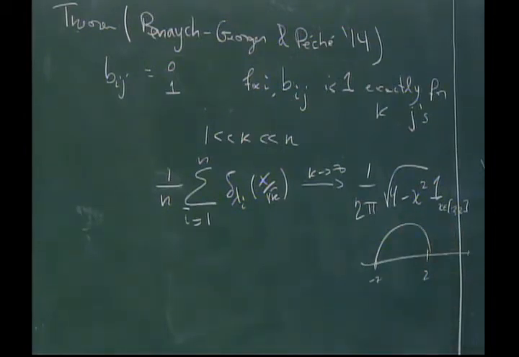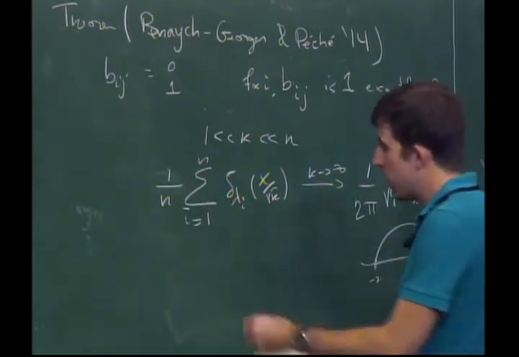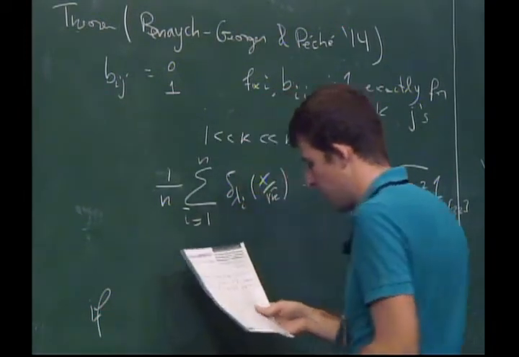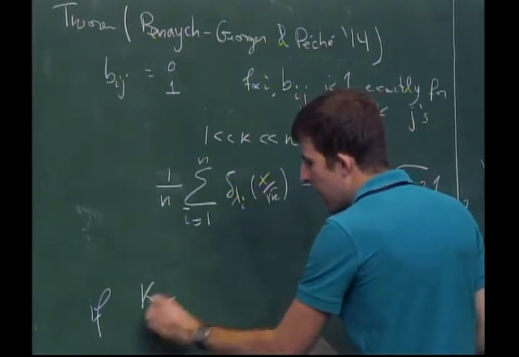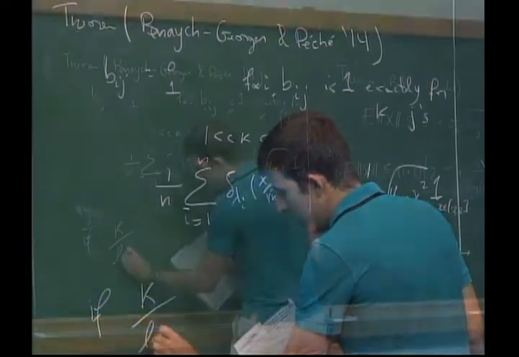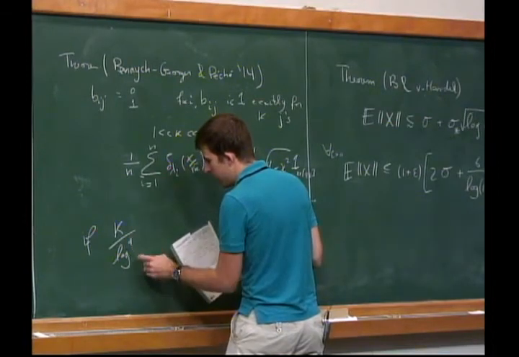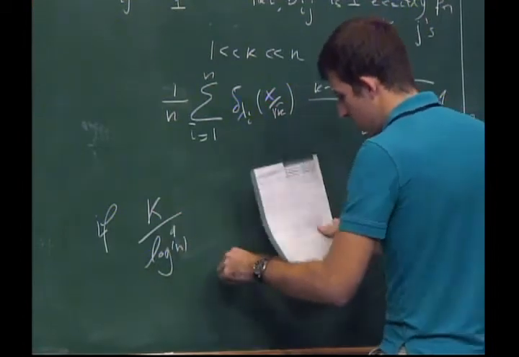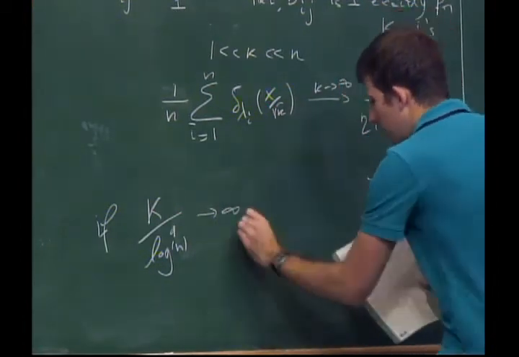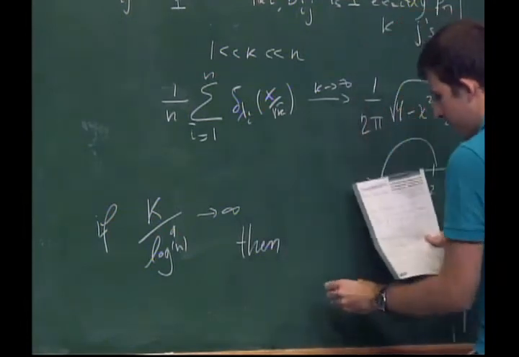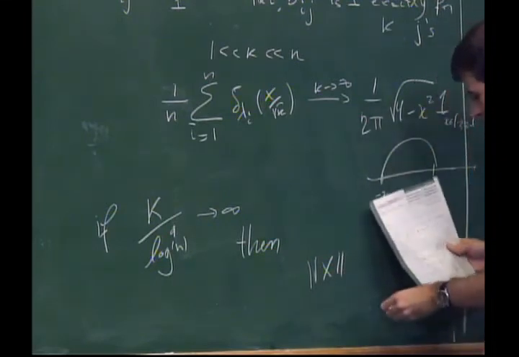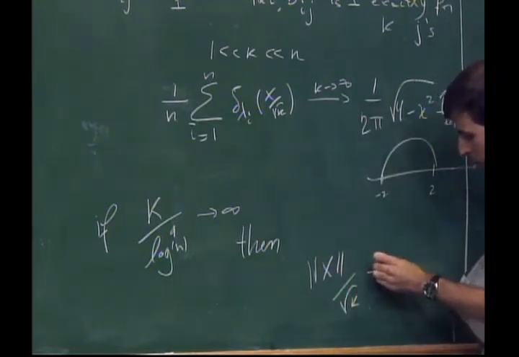And in particular, there was a conjecture about what happens with the spectral norm of X. What was known by the same authors was that if k grew large enough, so if k over log to the 9 of n went to infinity, then indeed the spectral norm of X over square root k converges to 2.